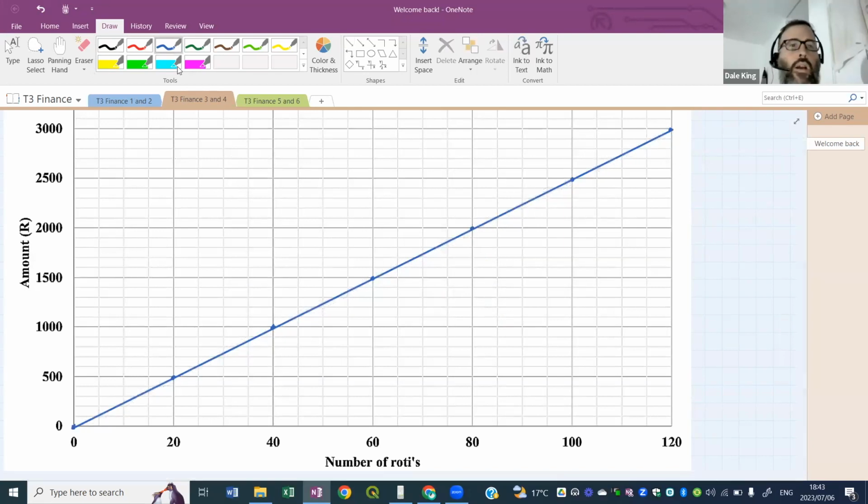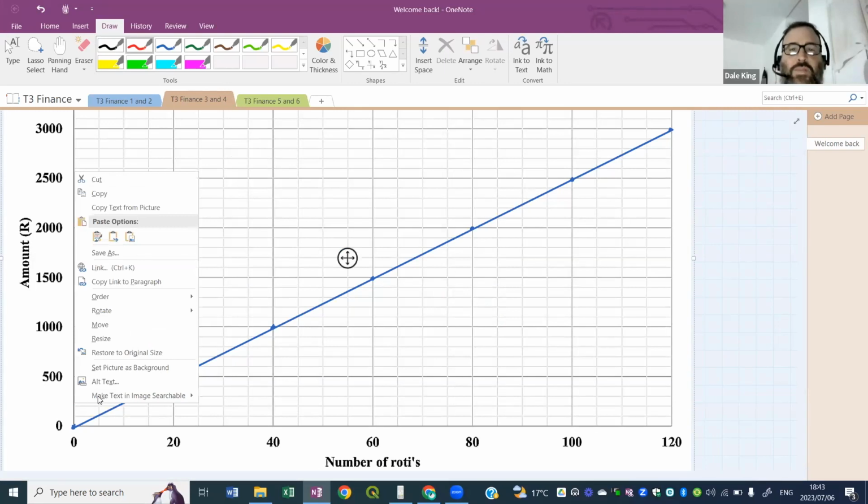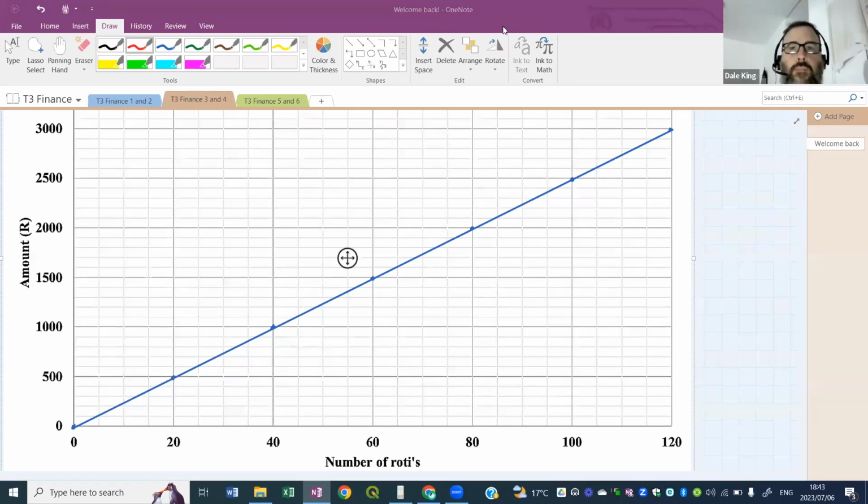All right. Now I need your help again. We're doing expenses now. For 0 rotis, how much was his expenses? Keep the answers coming. 0 is 250. For 20, 500. All right, 250. My dots are disappearing. 500. 40, 750.